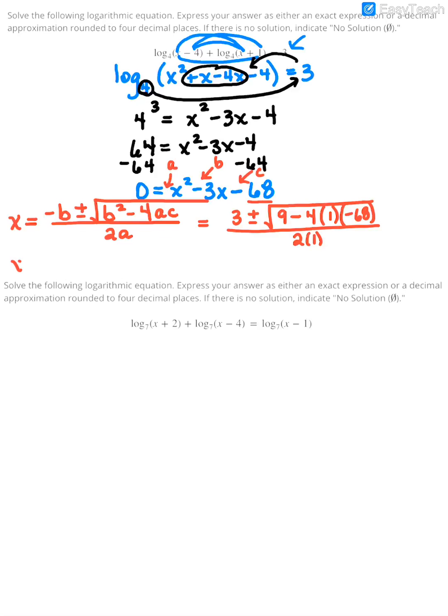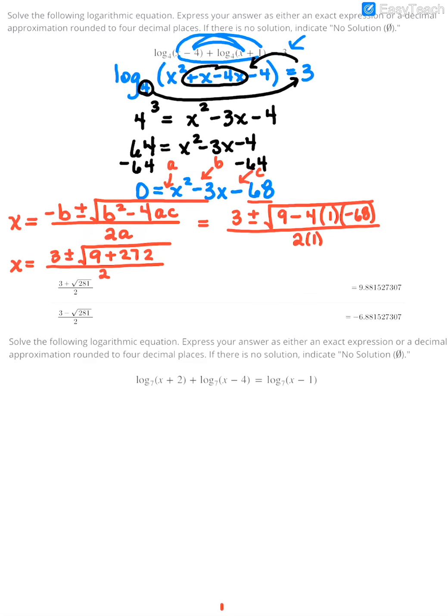So if I go ahead and simplify, I've got a 3 plus or minus the square root of 9. And when I multiply the negative times negative, that's going to turn into a plus. And when I do the 4 times the 68, I'm going to get a 272. And that's all divided by 2 times 1 is 2.